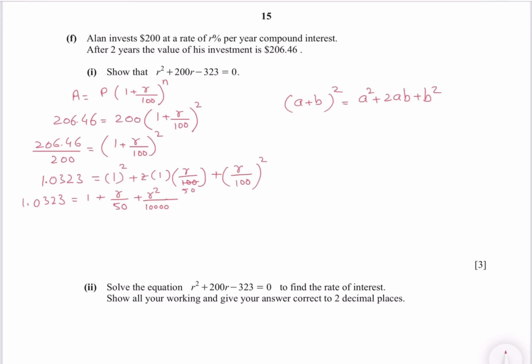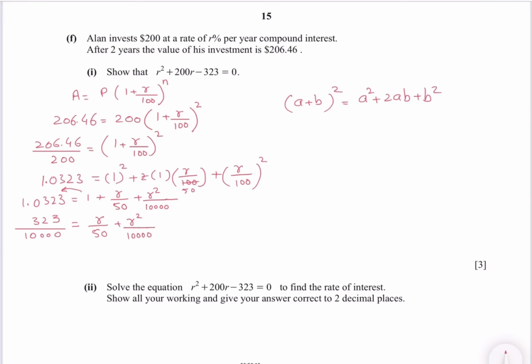You subtract 1 from 1.0323, sending 1 over there first. So you get 323 over 10,000 equals R over 50 plus R squared over 10,000.